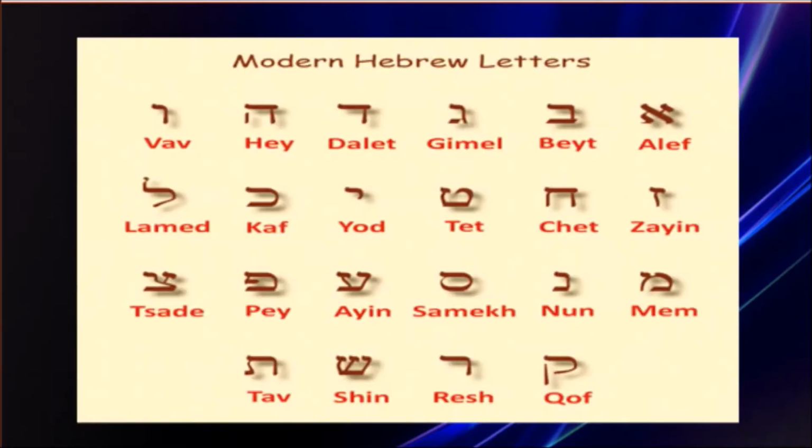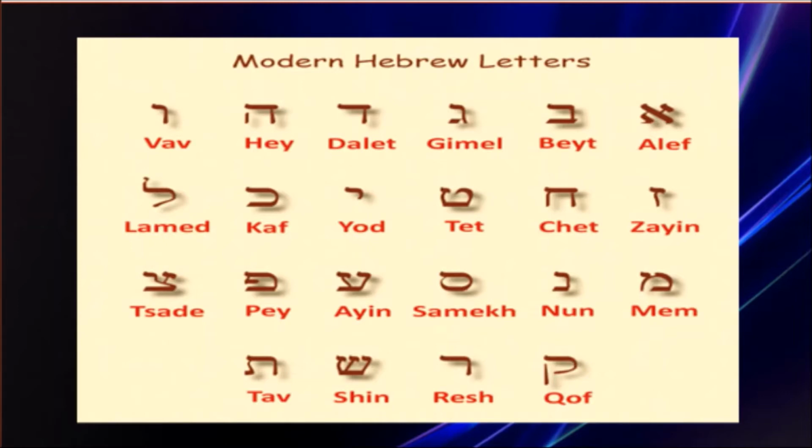Okay? This is the modern Hebrew, or what's called the block Hebrew, or it's also called the post-Babylonian script, because they were using this after the Babylonian captivity. And we call this the modern script, because this is what we use today if we're writing in the Hebrew alphabet.